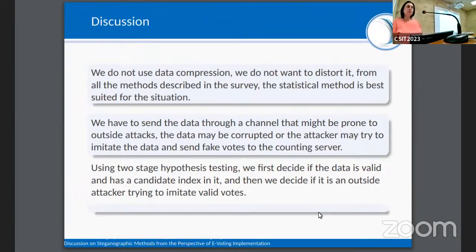Also, we cannot use compression or other methods because they can distort the data. And we came to the conclusion that the best method is the statistical method based on hypothesis testing.